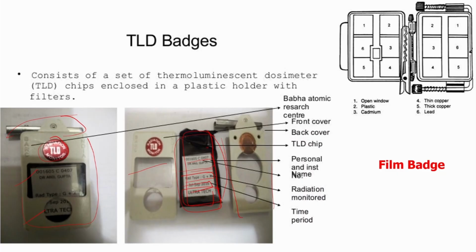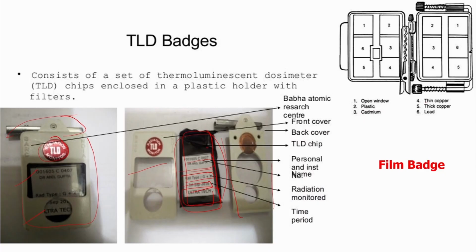A radiographic film was placed inside, and that radiographic film has been divided into 6 compartments, 1, 2, 3, 4, 5, 6, and each compartment has a type of filter. First is an open window, meaning there is nothing there, just an open window. Another is the plastic window. After that there is a cadmium window.